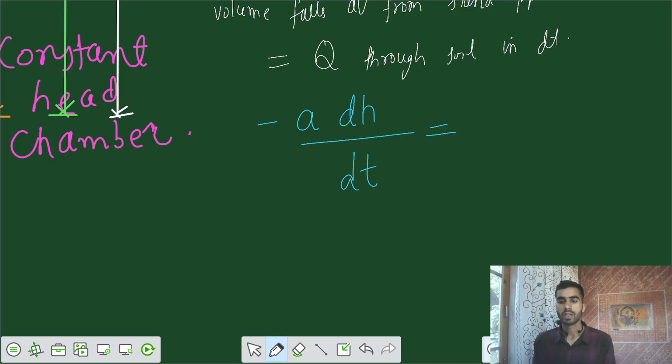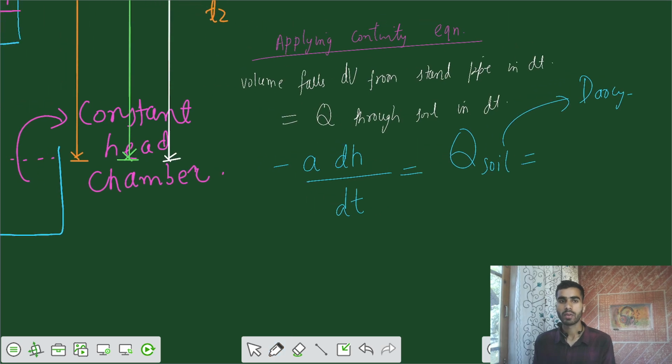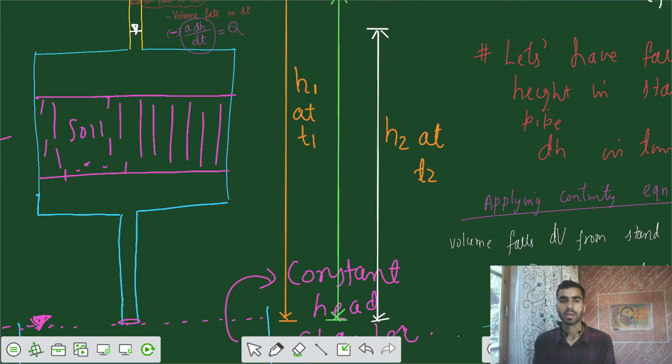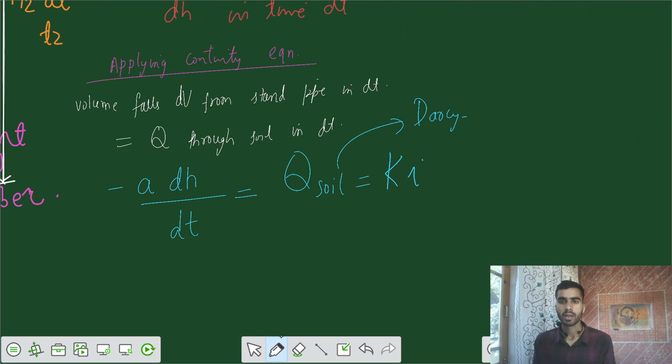That should equal the discharge through the soil, which we can get from Darcy's law. We had the equation for Darcy's law: q equals k i A. Here k is there, and the head is there.